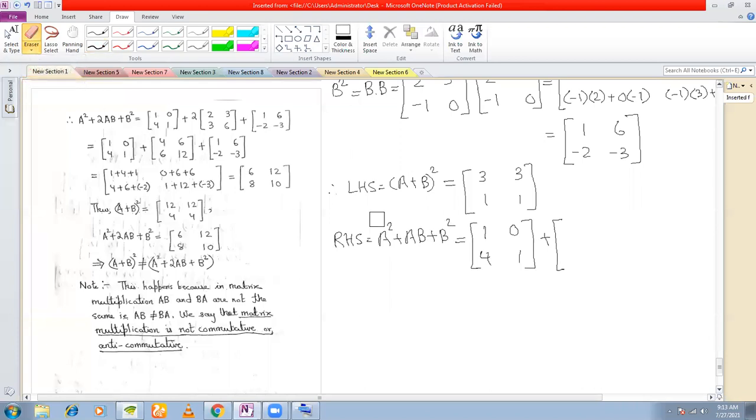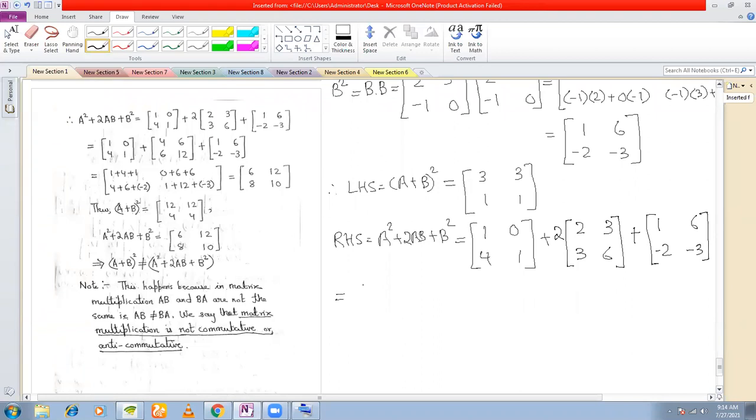This was not A square plus, this was twice AB. Plus twice AB, we found as 2, 3, 3, 6. And B square we found as 1, 6, minus 2, minus 3.